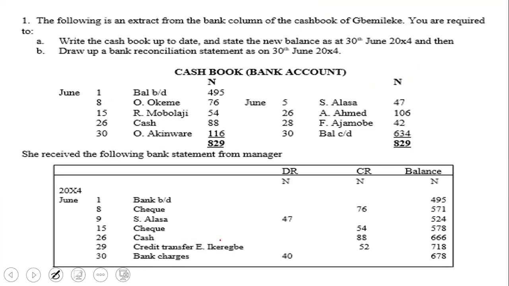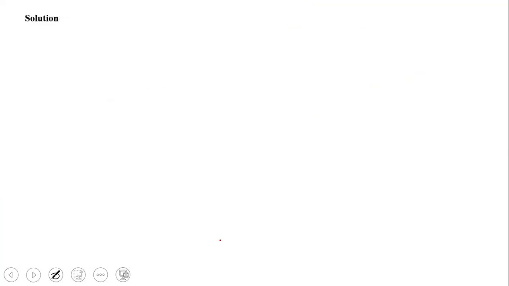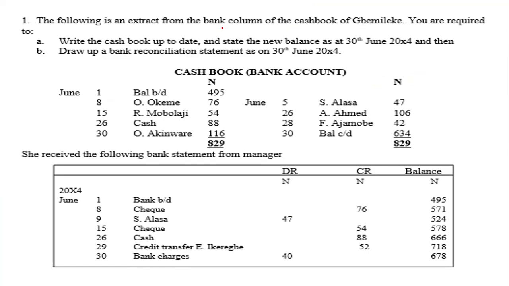Now, let's see the approach to this question. You have been required to prepare the adjusted cash book and bank reconciliation statement. So to do this, the first thing, let's get the facts going. The name of the entity is Bemileke.